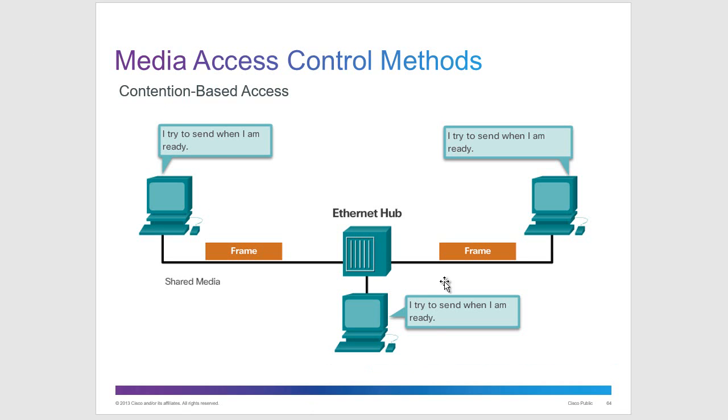So maybe this computer's trying to send here, this computer's trying to send there at the same time. So this data packet moves up and over. This one moves around too, and they both collide somewhere in the middle. So collisions can occur, but there are techniques to try to avoid those collisions that we'll talk about in just a second.